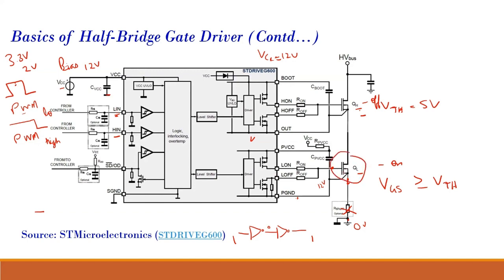So this internal MOSFET will turn on, and from VCC, 12 volt, the current will go over here, flow through the ground, and come back here. So effectively I'm applying 12 volt across the gate to source of my low side MOSFET, and I am turning it on.